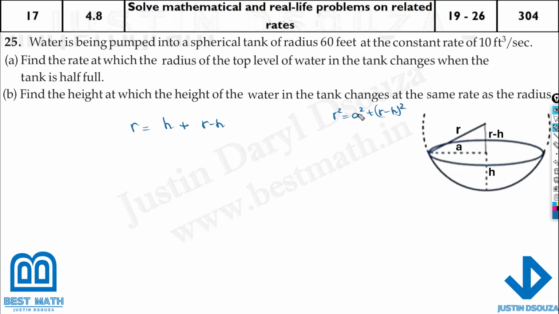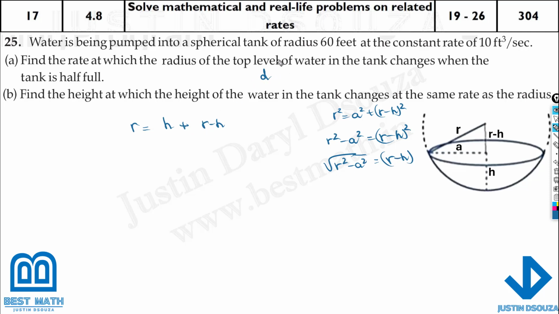So what is r minus h? Let me just take this a square to the other side. R square minus a square is equal to r minus h the whole square. Take the square root on both sides. So it will be square root of r square minus a square is equal to r minus h. So I can substitute this over here. Why do we do that?